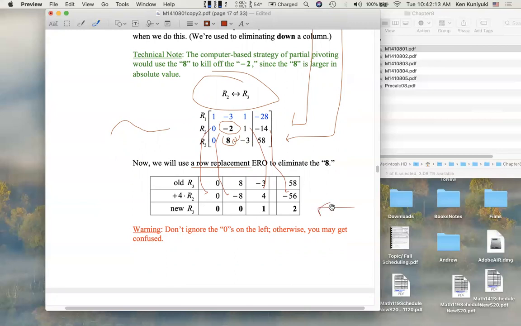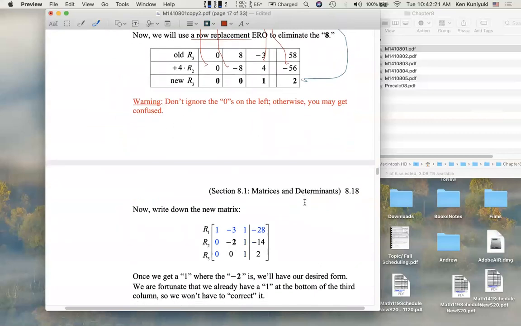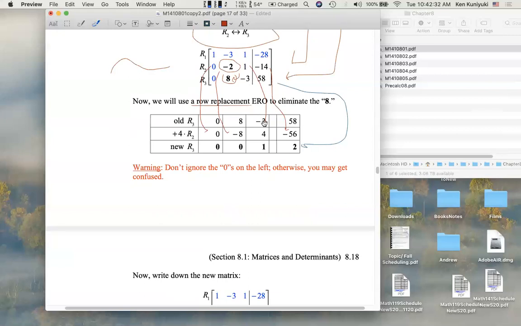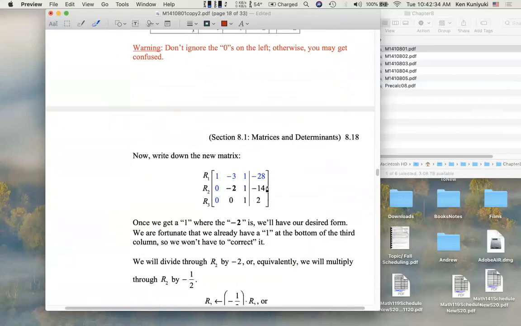Let's replace the old row 3 with the new row 3. And we get 1, -3, 1, -28, that's been there forever for row 1. Row 2, 0, -2, 1, -14, that's holding on from before. But row 3 is changing to 0, 0, 1, 2.